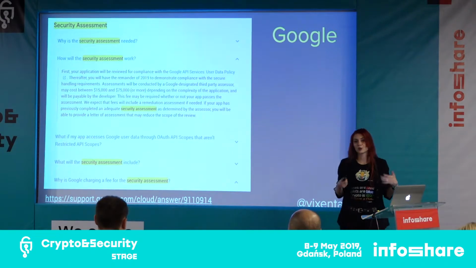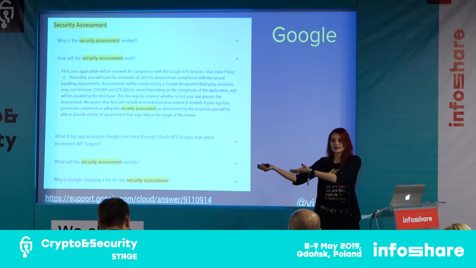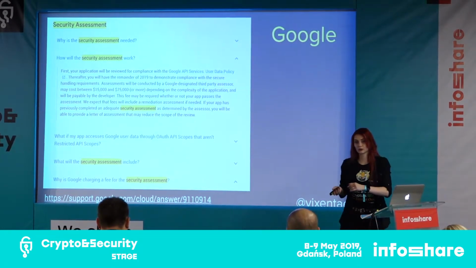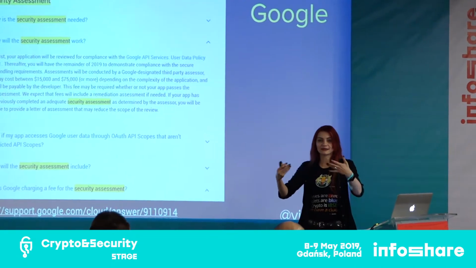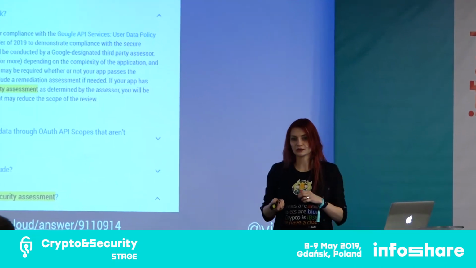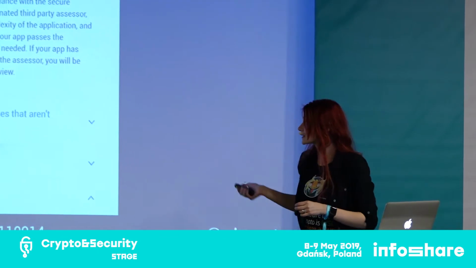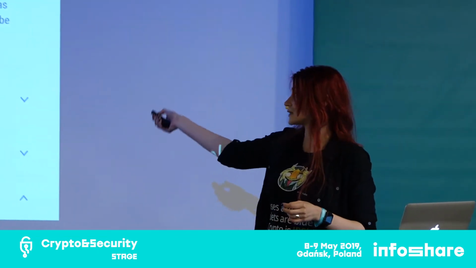But as a company, you won't pay Google. You will pay a security assessor, the company who will make the security assessment for you, not Google. But Google, of course, will have at least some trusted security assessment companies. And I know some companies that already received these letters from Google.